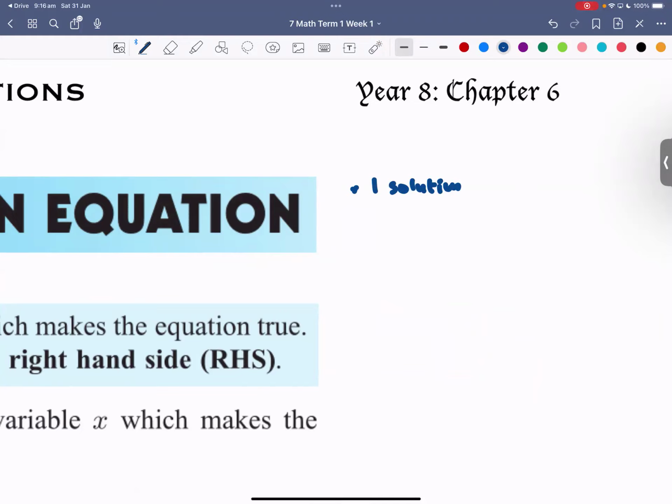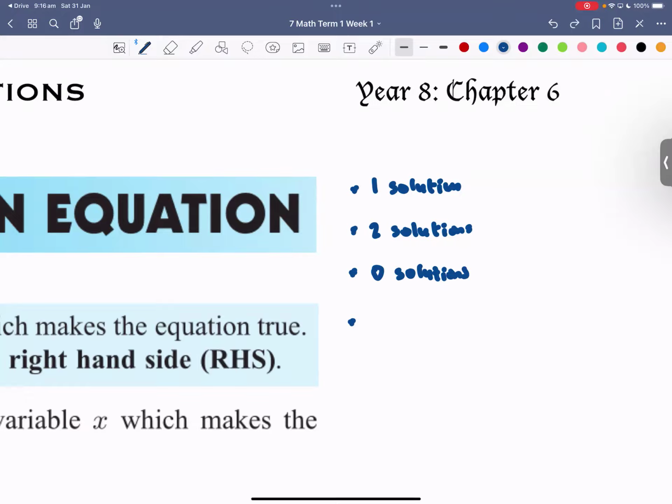There can be two solutions, or, I mean, there can be three solutions, there can be four solutions. There can be zero solutions, often called no solutions. There can be infinity solutions.